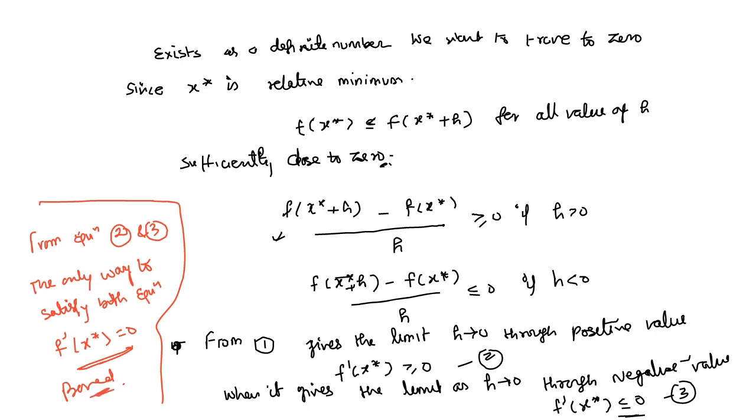So this is the proof of the theorem. Here we proved this theorem for a relative minimum. We can also prove this theorem for a relative maximum, that means x star taken as a relative maximum. So we can similarly prove this theorem.